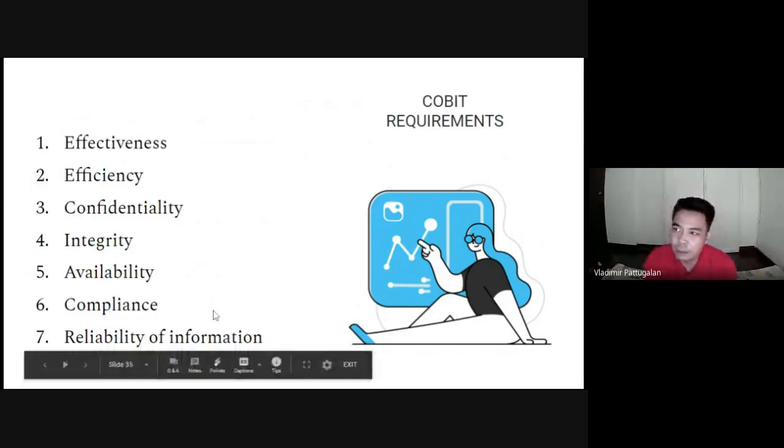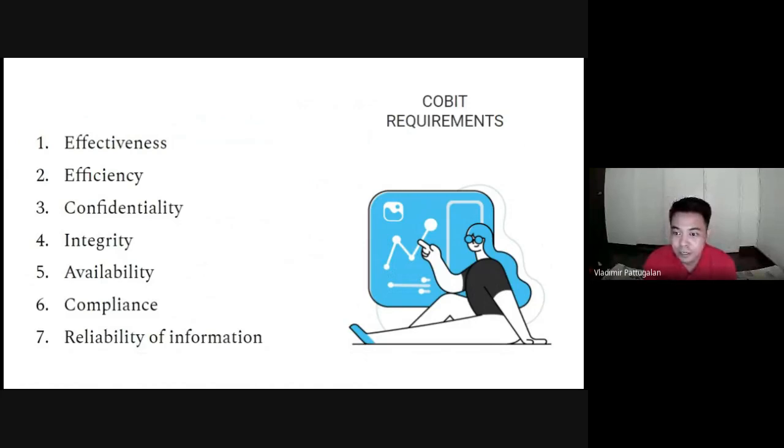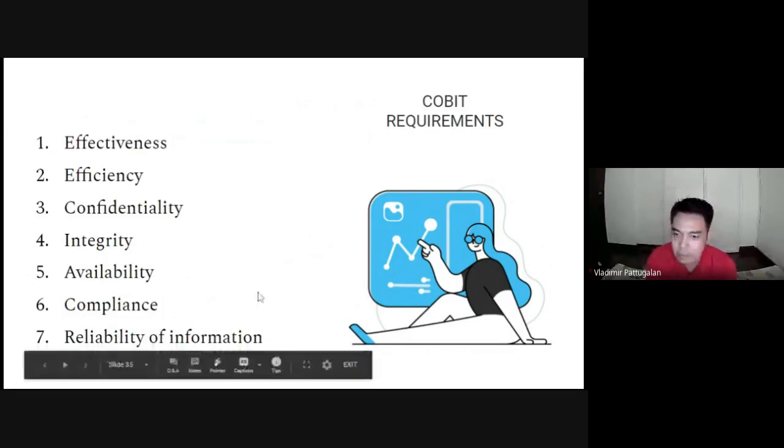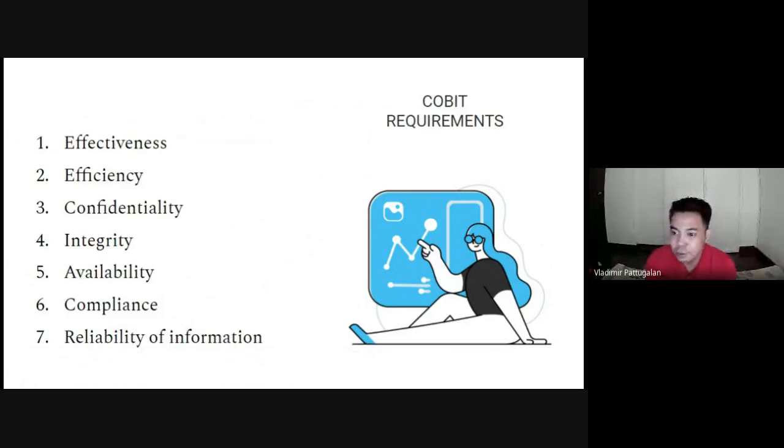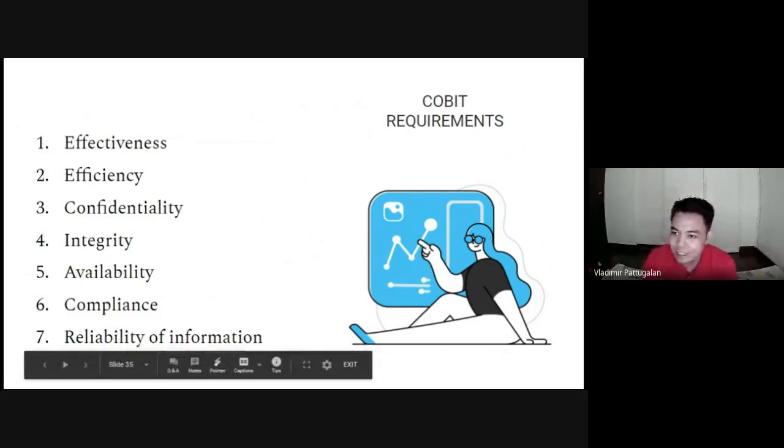So this includes the laws, the regulations, and also the contracts signed between the parties. And lastly, it's the reliability of information. So reliability of information is knowing which information is appropriate, such that the organization can continue to operate and for the management to exercise its fiscal compliance reporting responsibilities.